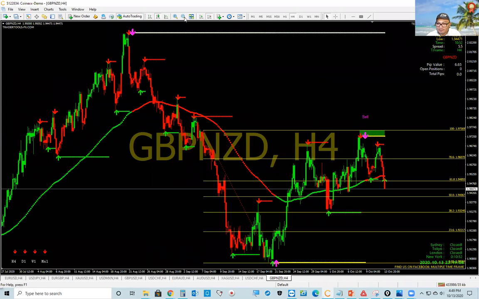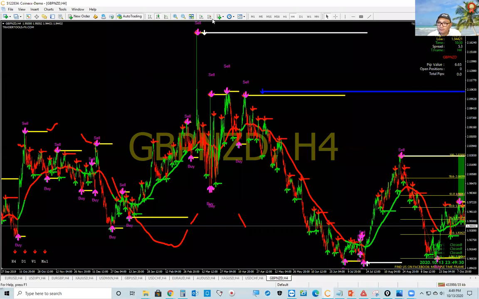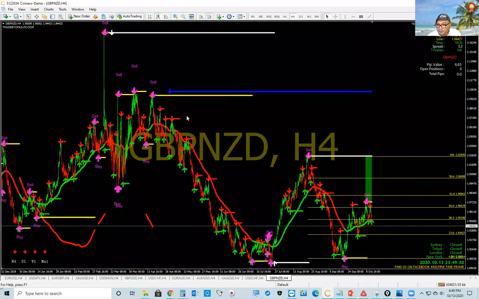Let's see where would be the next level, because I don't know. I think it's going to go down to the 50. The next level, the 4-hour green arrow is. Let's look at the 4 hours and daily because that's what we're here for. It's all about the Fibonacci level. Right here.